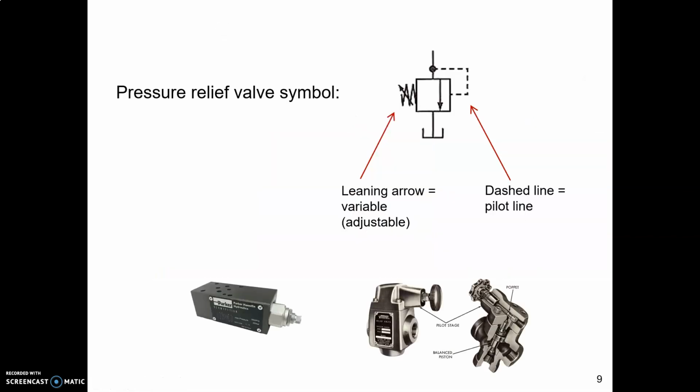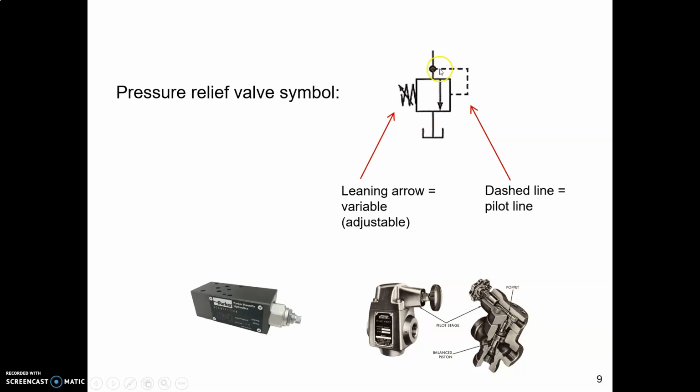Pilot-operated pressure relief valve. Here's the symbol for a pressure relief valve, and you'll see several things explained rather clearly in this symbol. First, over here on the left, that zigzaggy thing is a spring, and there's that variable arrow, that arrow that's sitting at an angle, that thing that always means it's variable something or other.